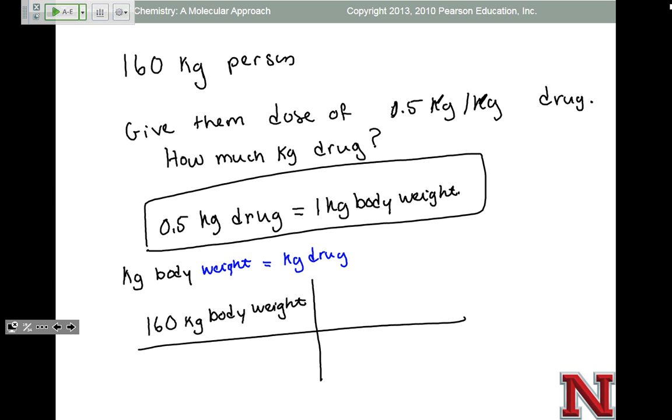The kilogram body weight. Because that's my relationship, and those two things are not the same. And that's probably a lot of kilograms of drug, so it's just to show a point. So my 0.5 that is with my kilogram drug goes on the top.